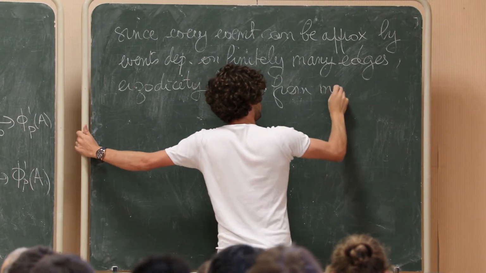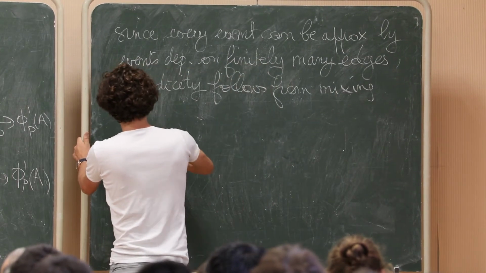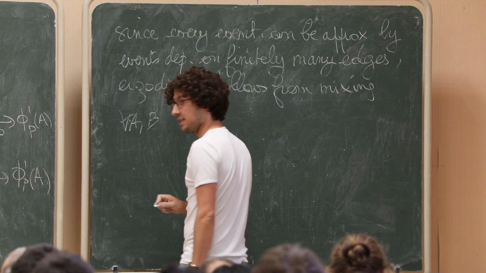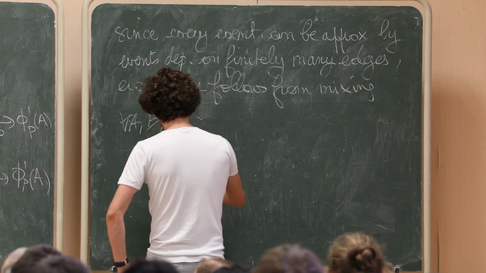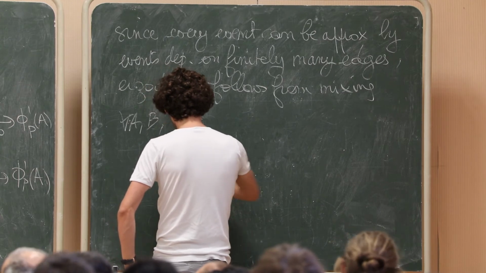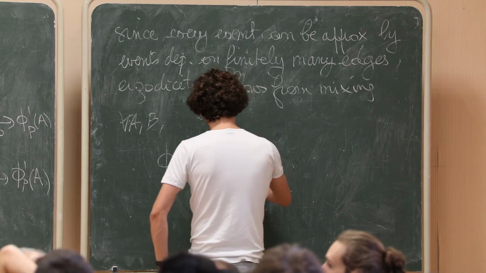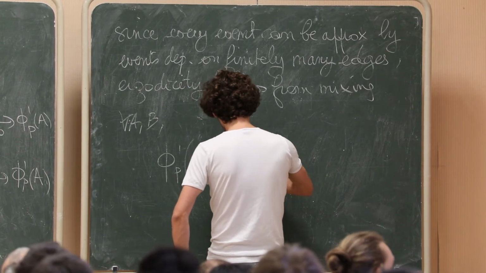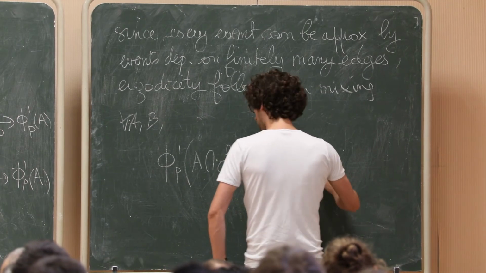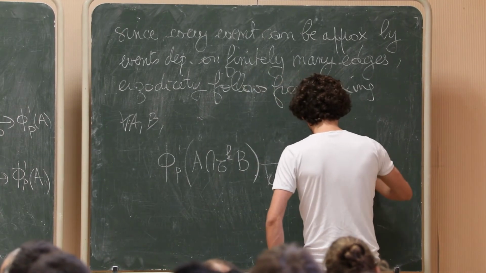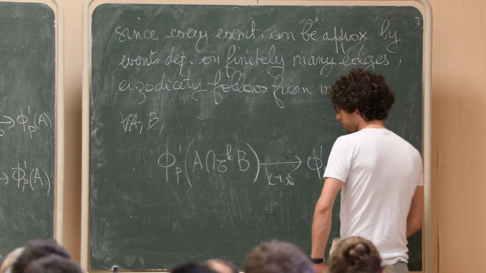From the mixing, which, just to recall everybody, means that for any events A and B depending on finitely many edges, and for any translation, if I look at phi 1 p of A intersected with tau to the k B, well, this converges as k tends to infinity to phi 1 p of A times phi 1 p of B. Okay?